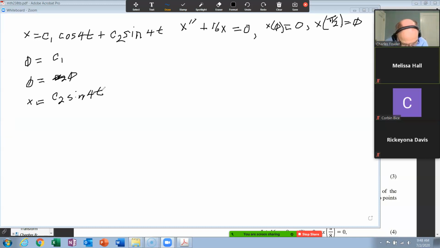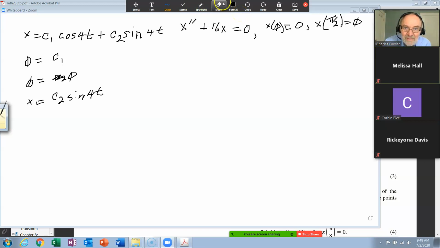Okay. Now, let's just change our boundary conditions. Same equation, changing the boundary conditions. Now I'm going to try something here and you may or may not like it. I think it's under format.